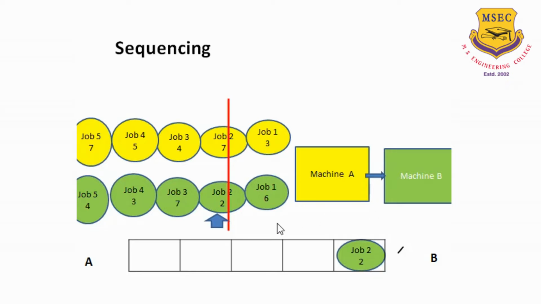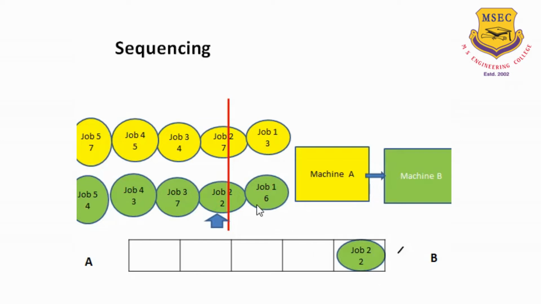This job has 2 units of time, let's say 2 hours or 2 minutes, whatever the units. The 2 exists for machine B, so therefore we are going to place this job 2 here.